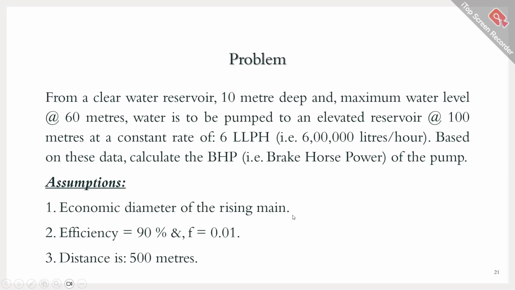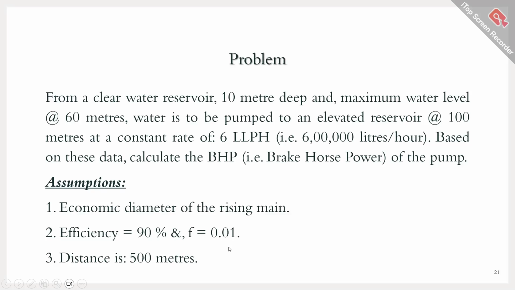Assumptions are: consider economic diameter of the rising main. There is a formula of economic diameter actually that you have to consider. Number two is efficiency of the pump or the power transfer is given as 90%, that is 0.9, and small f is nothing but called Fanning's friction factor in fluid mechanics.